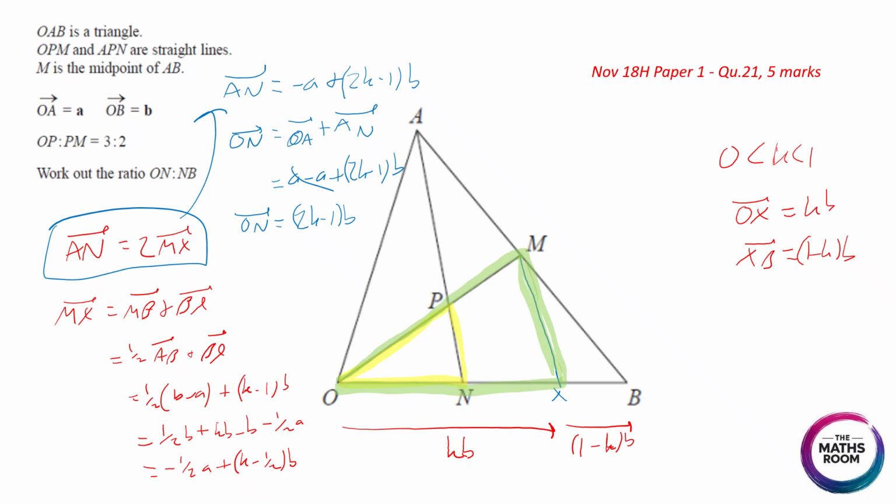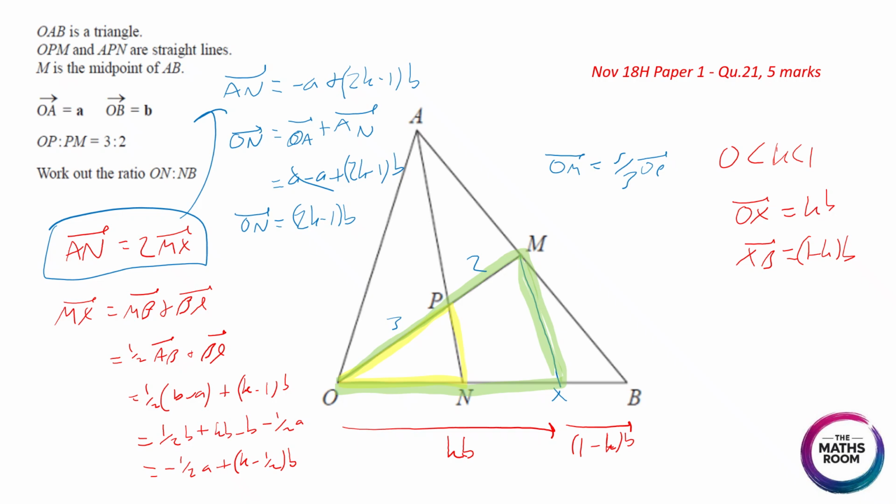Well, we were told earlier in the question, O to P, P to M is 3 to 2. What does that mean? That means that O to M is effectively 5/3 of the vector O to P, because 5/3 of 3 is 5. That makes sense. So what does that tell me?